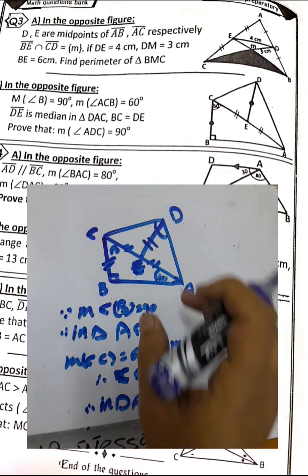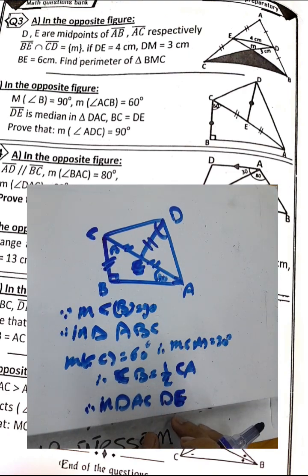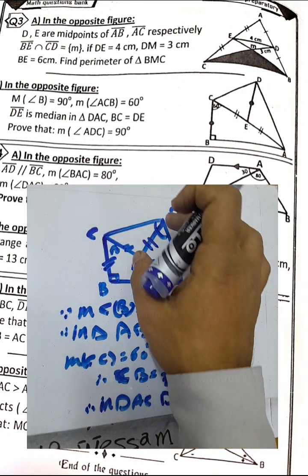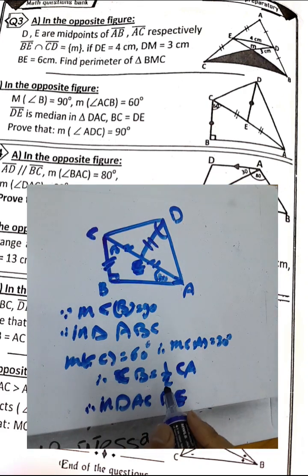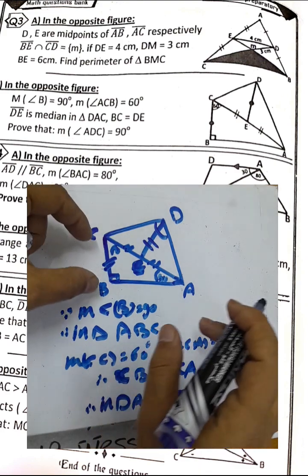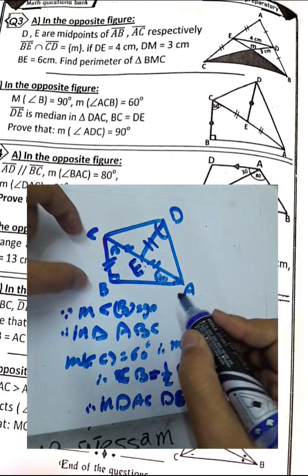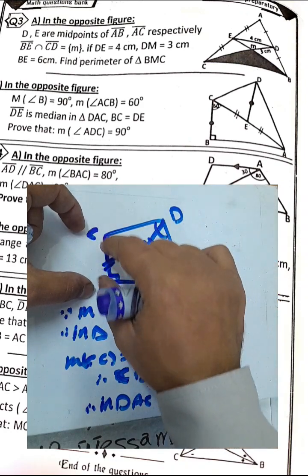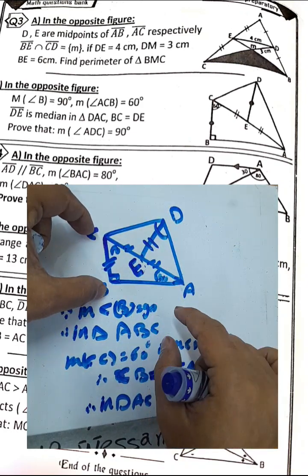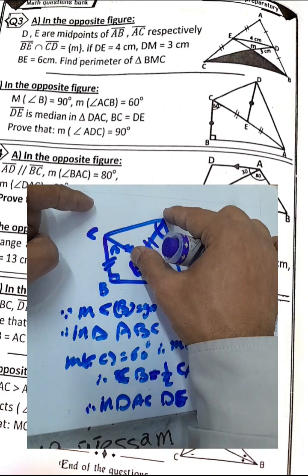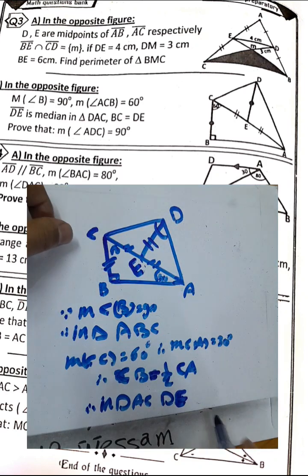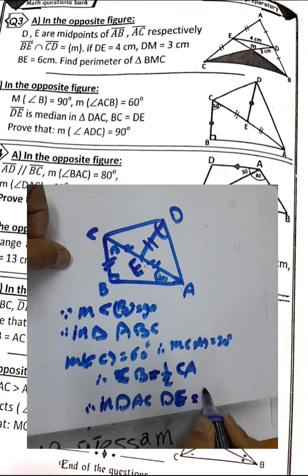In this triangle, we can write DE is equal to half of CA, because CB was equal to DE. Again, CB equals DE, and CB is half of CA, then DE is half of CA.